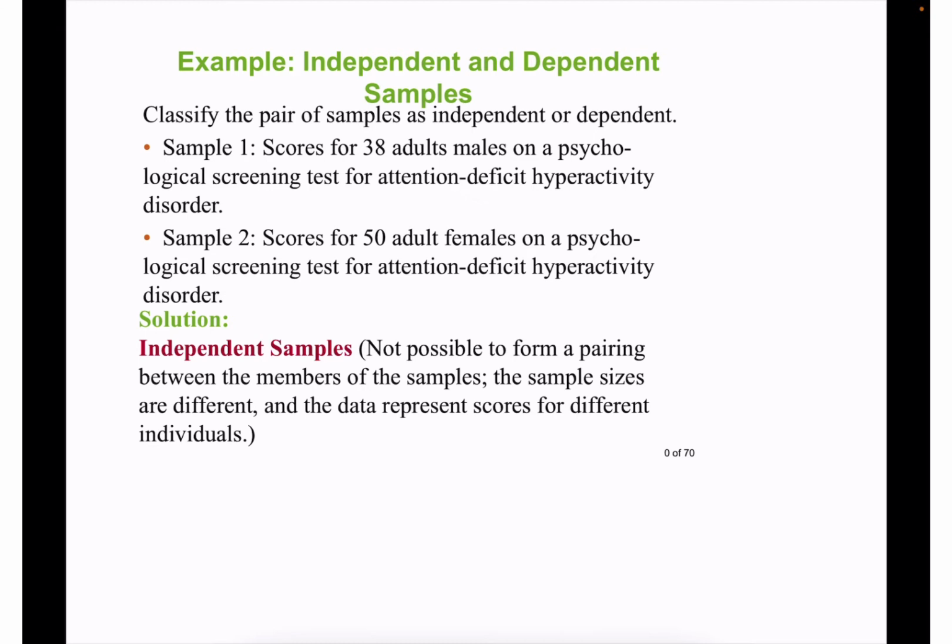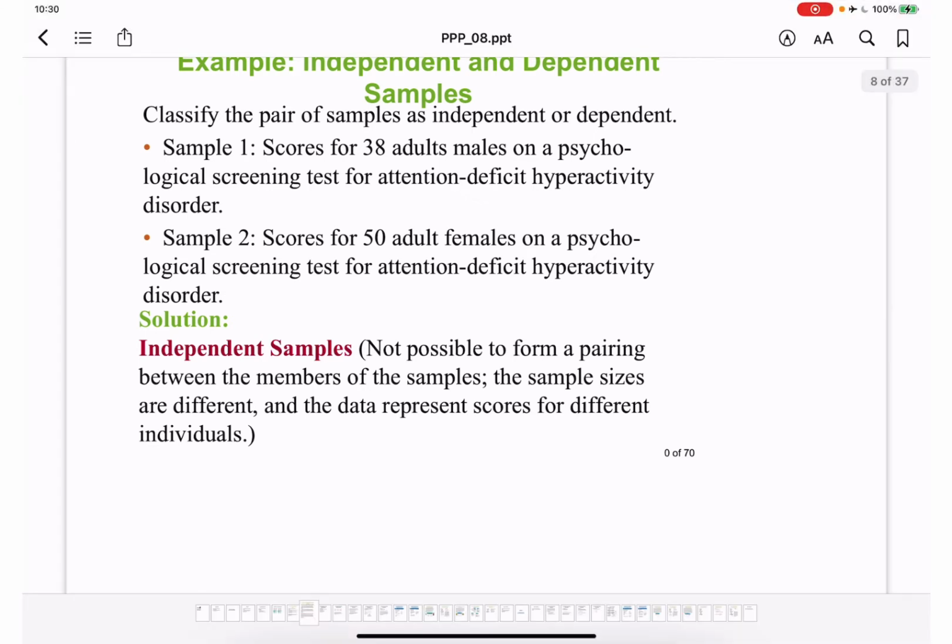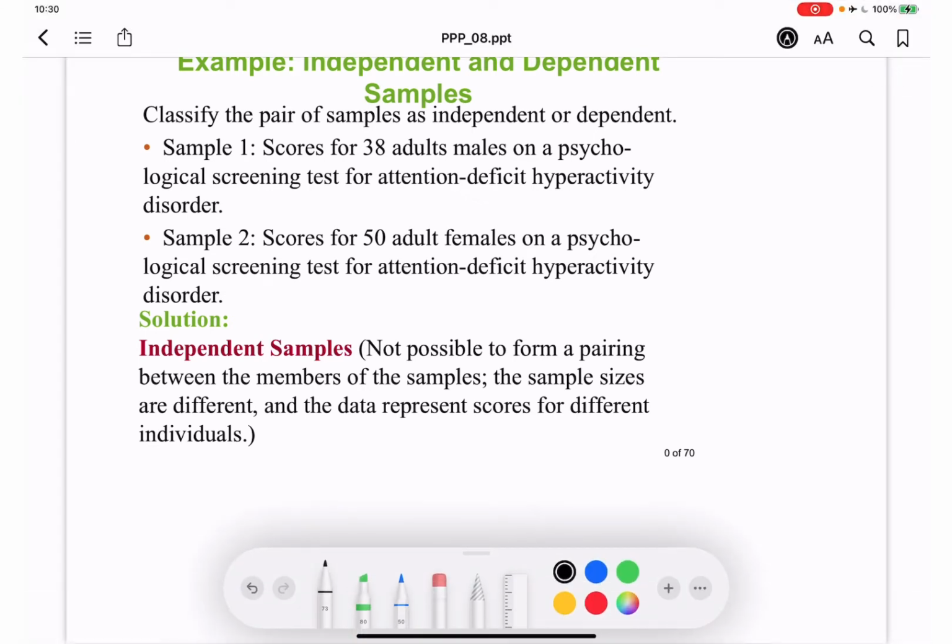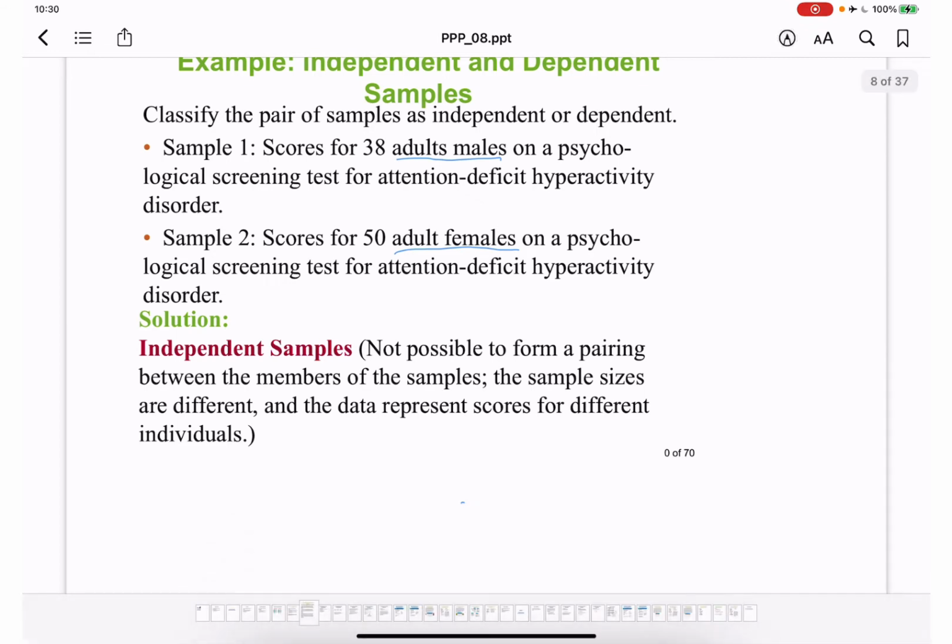That's already telling me that it's independent because here it says adult male and here it says adult female, and I don't even continue reading, because 38 males and 50 females are not related to each other anyhow. So those are independent samples.